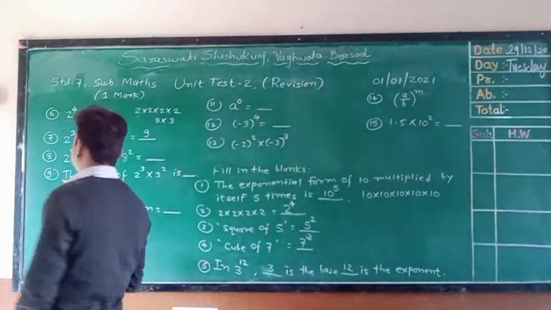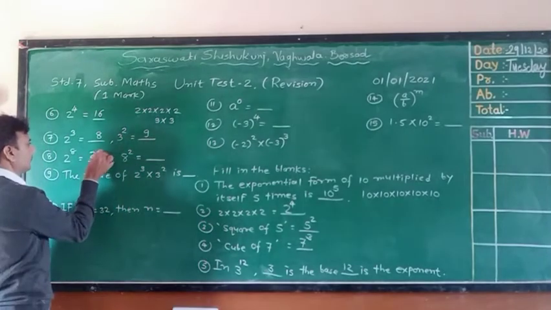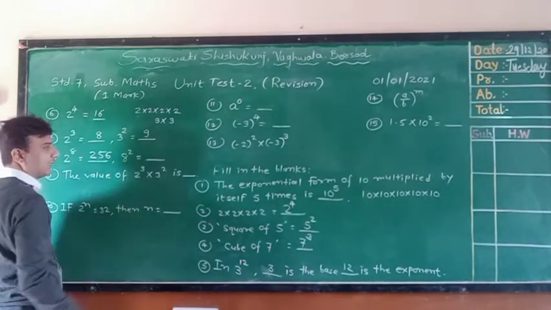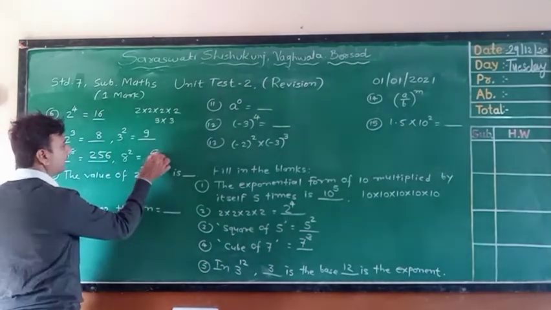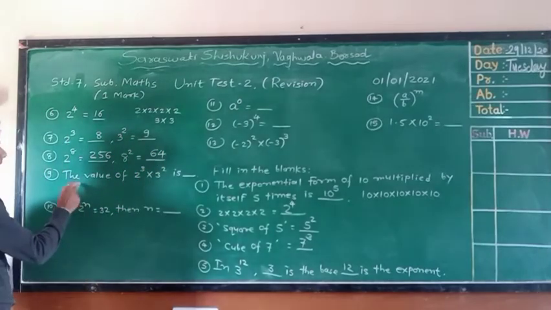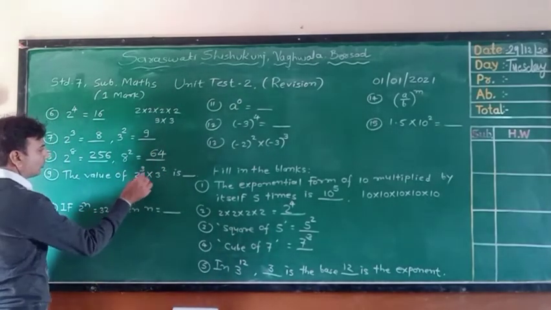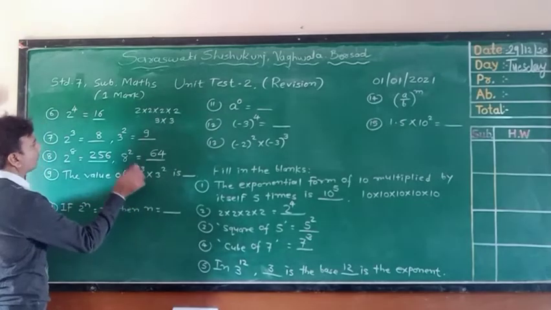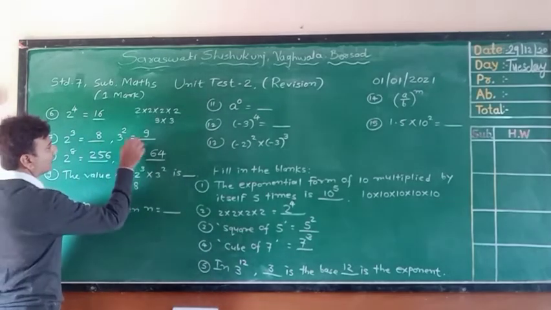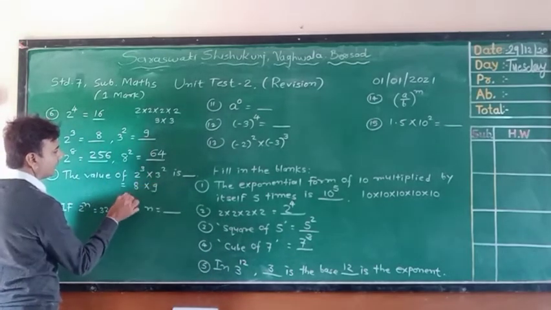So the answer is 256. 8 square: 8 multiply 8 is 64. The value of 2 cube multiply 3 square: 2 cube is 8 and 3 square is 9. 8 times 9 is 72.